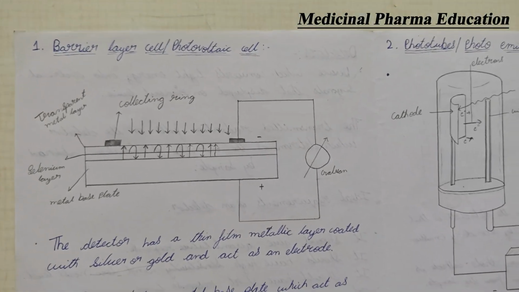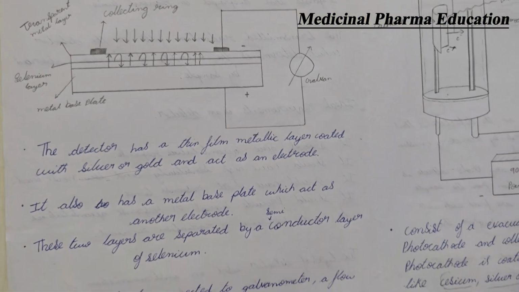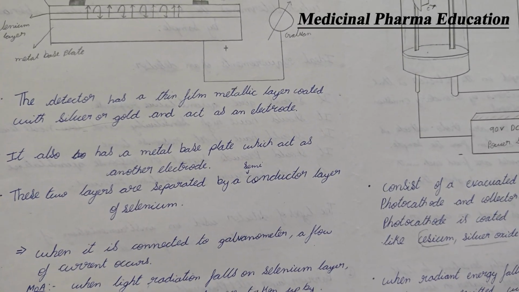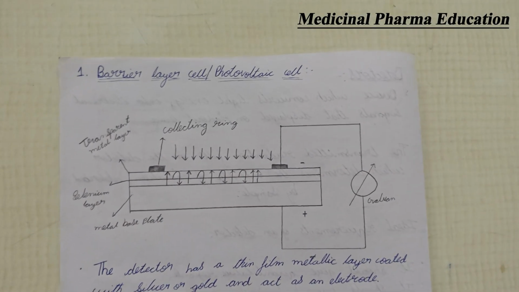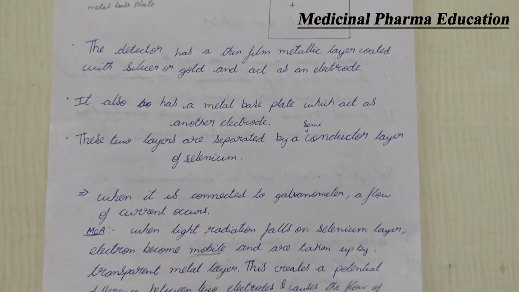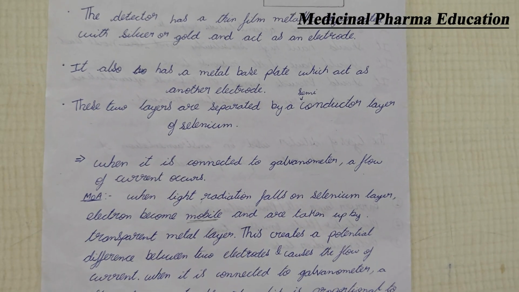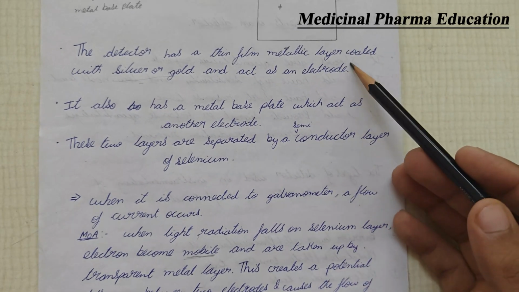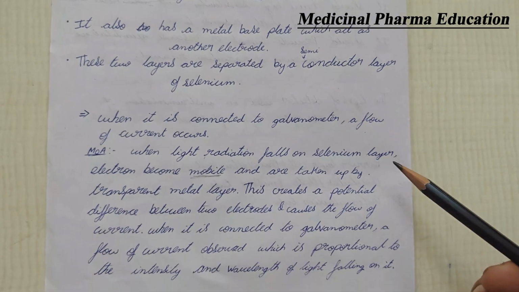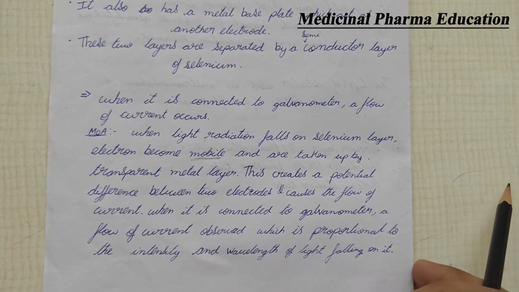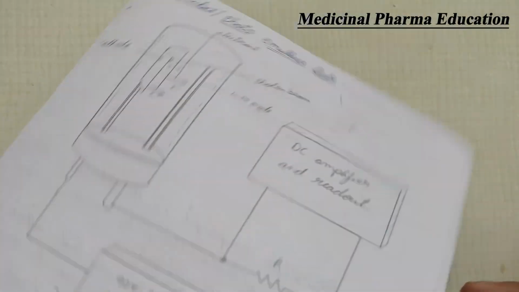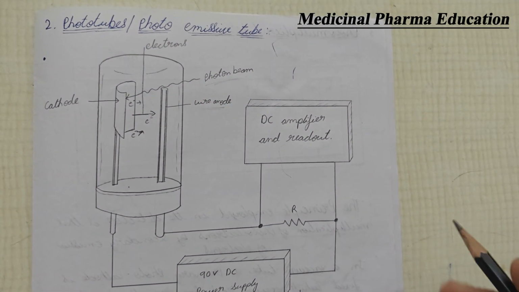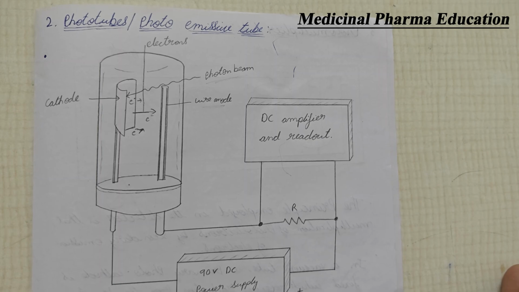You can just see the diagram of the barrier layer cell, and the details of the properties, and the mechanism of the barrier layer cell. Next, the diagram of the phototube or photo emission tube.